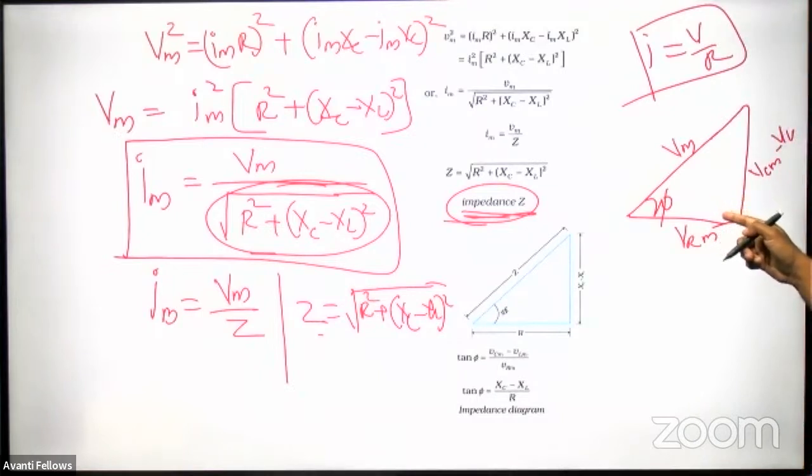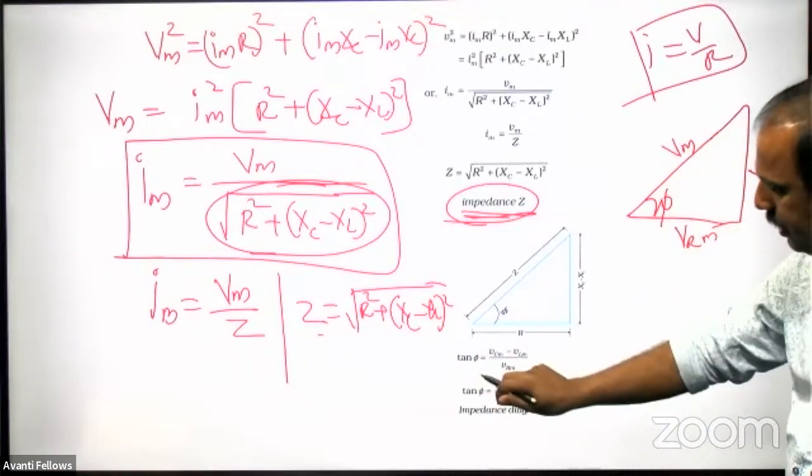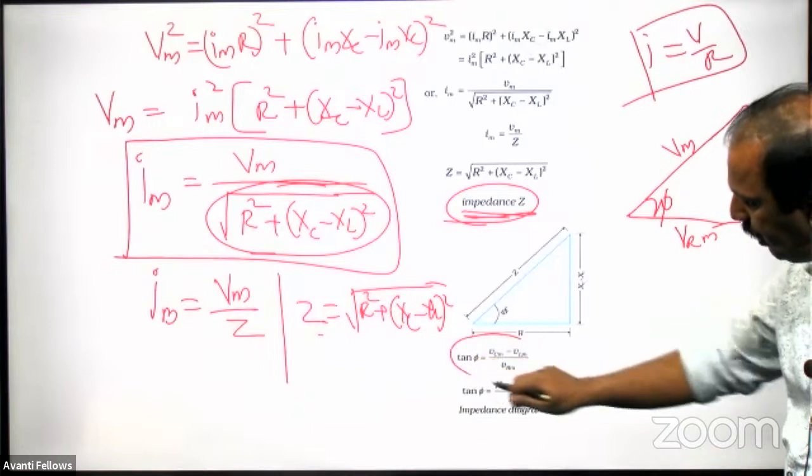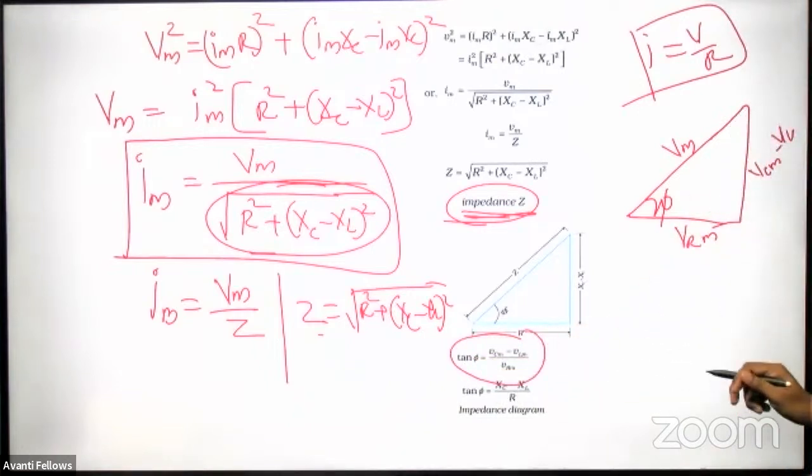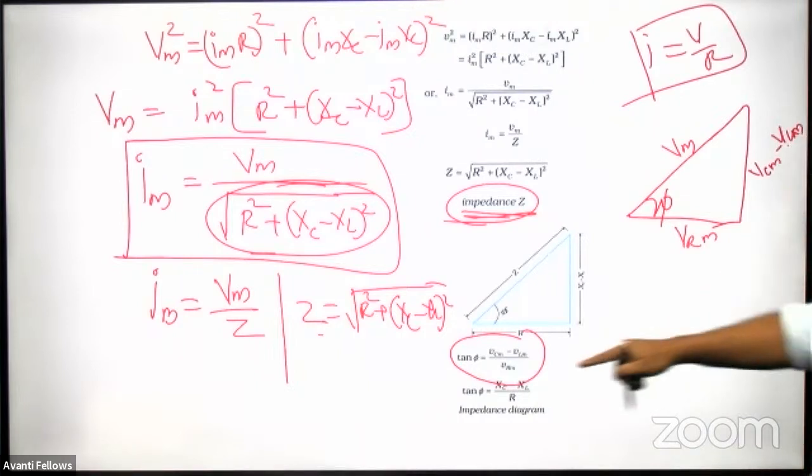Now you see here, if you take this triangle, what is tan phi? You will get it from this diagram. Tan phi is equal to this side, VCM minus VLM, divided by VRM.